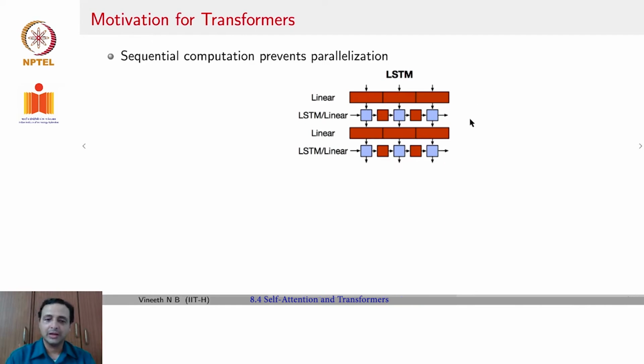Some of the architectures that we had for complex tasks such as VQA or visual dialogue could have had such a sequence of layers. When you have an architecture such as this, it's not possible to parallelize the processing of information through such a pipeline. Can we overcome this is a question we want to try to answer.